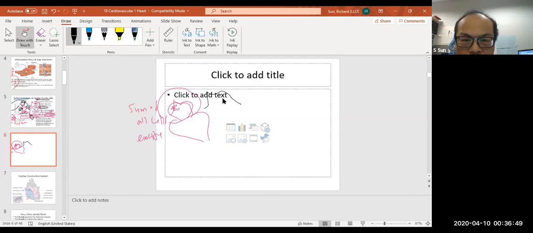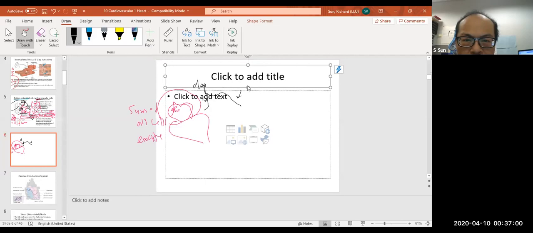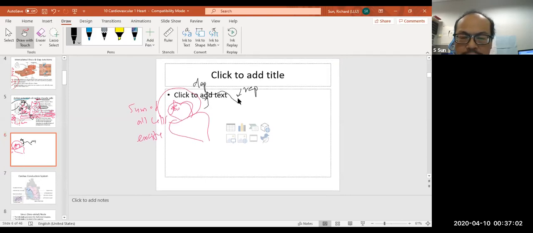The unique part of this action potential is that it has depolarization, a plateau, and repolarization. Here is depolarization, and the repolarization.